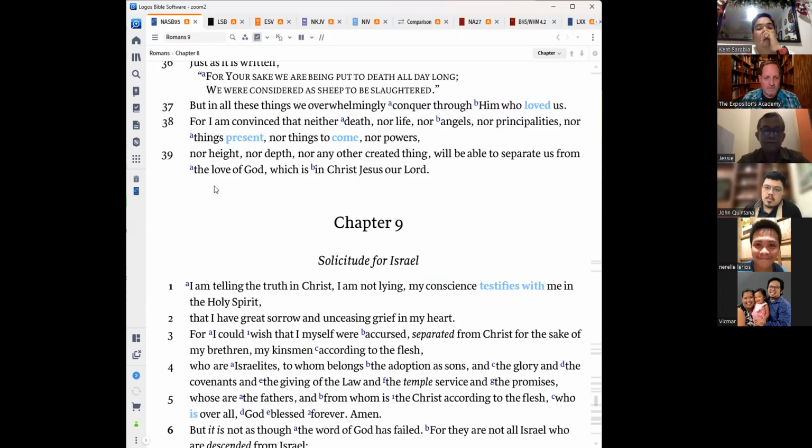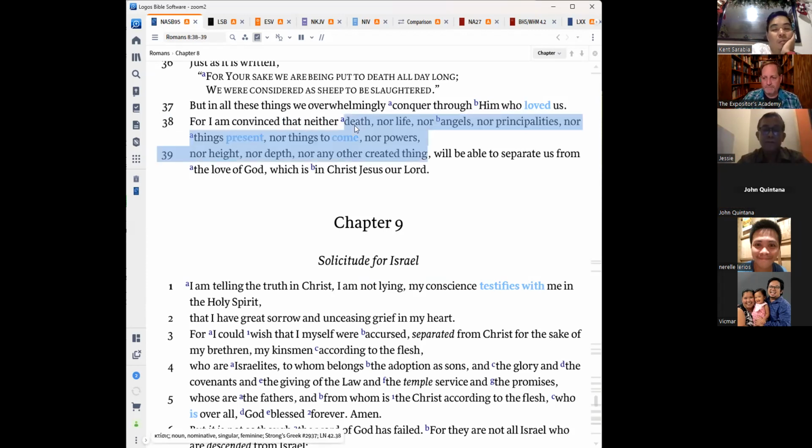Why? Because he could have just said, I'm convinced that nothing can separate us, right? But why does he put all of these extra merisms? To give more emphasis, and for us, the readers, to paint pictures of the weight of what he is emphasizing.